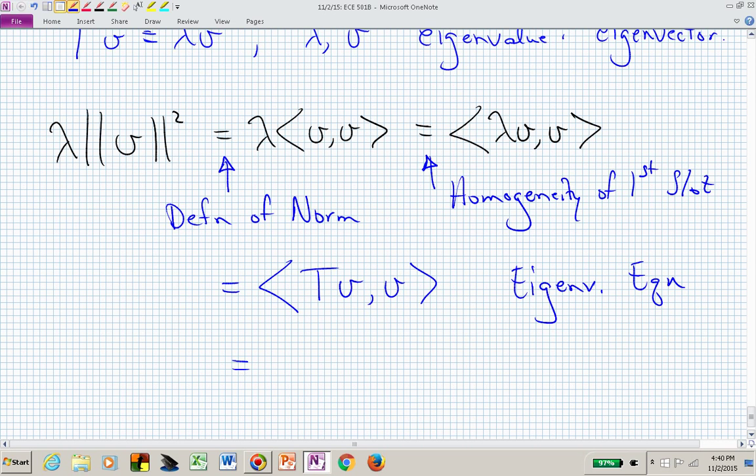But now if I use the adjoint definition, what does Tv comma v turn into? The definition of the adjoint says I can slide the linear map into the other slot to create the adjoint.